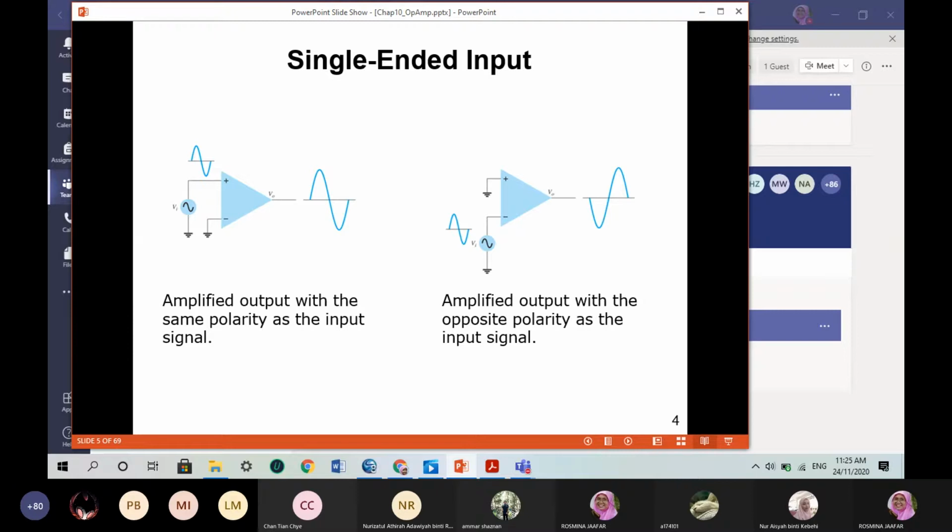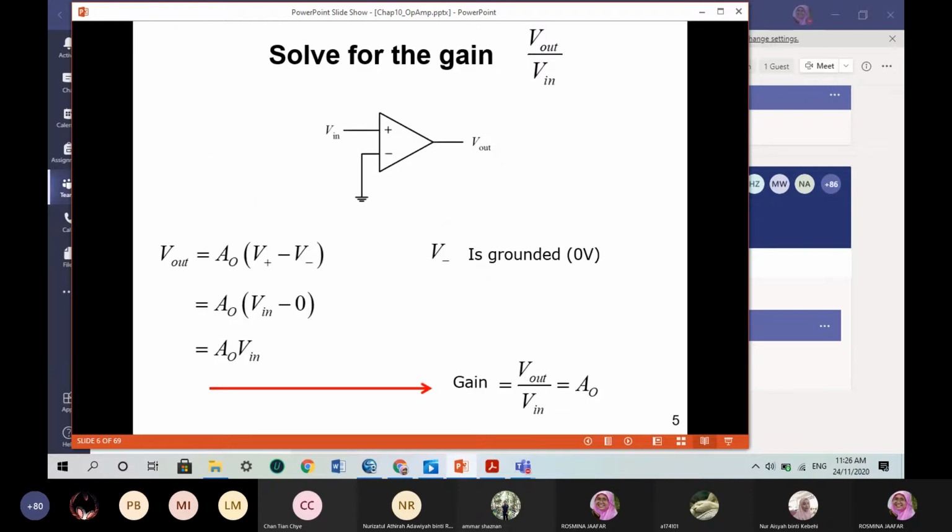However, in reality, you will have to consider a few normal conditions for the op-amp. So let's calculate the gain for the amplifier. The basic gain equation is always V out over V in. This is the standard equation for gain.